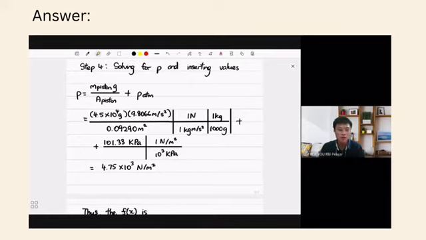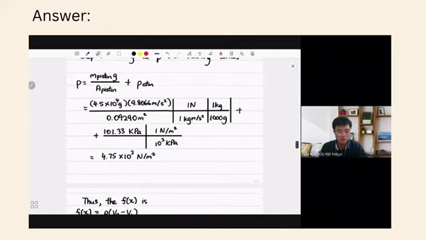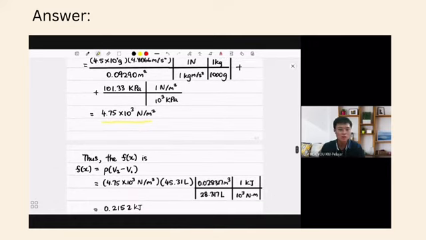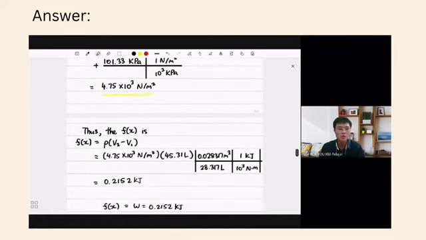Then at last we will get the answer as 4.75 multiplied by 10 to the power 3 Newton per meter square. Thus we are able to find the Fx answer.